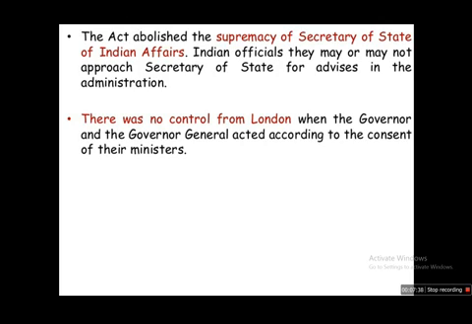Indian officials may or may not approach the Secretary of State for advice in the administration, and there was no control from London when the governor and the governor general acted according to the consent of their ministers. So these are the details about the Act of 1935.